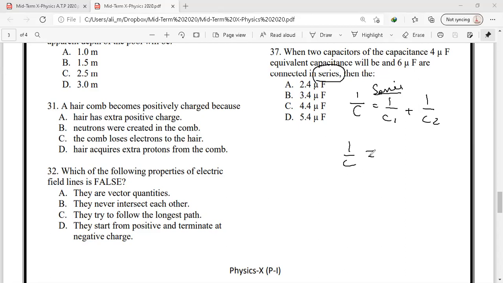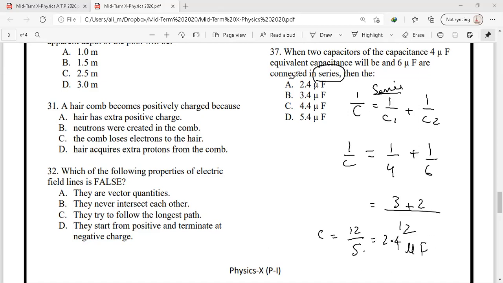So 1 over C will be equal to 1 over 4 plus 1 over 6. After calculating the LCM and further simplification, C will become 12 over 5. This will be equal to around 2.4 microfarad. So the correct option is option A.